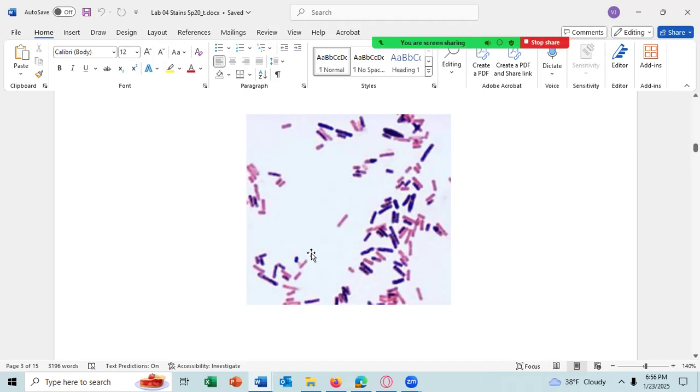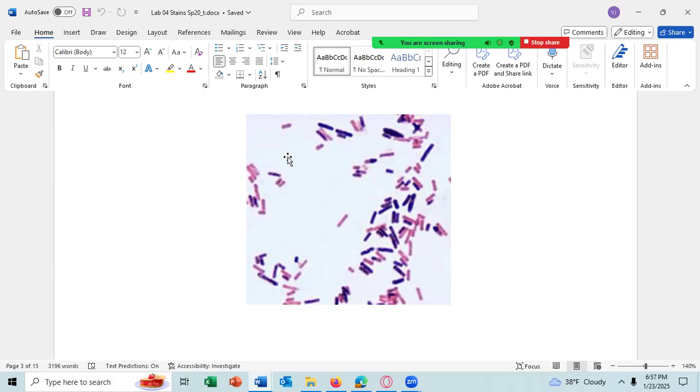And the reason why you got the gram variable is because you have a lot of dead cells, and the dead cells are not staining correctly because the cell wall is decaying or broken, and then the crystal violet iodine complex can come out of the cell. Any question about that?